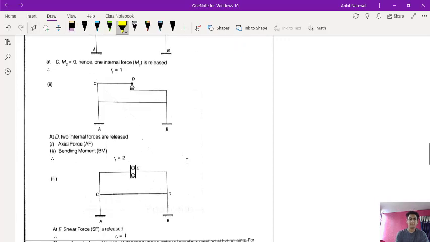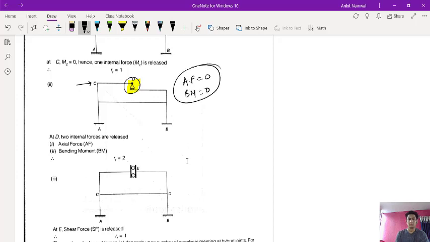Now let's see the second case. In the second case there is an internal hinge with roller. In this case there are two additional equations. Suppose there is a horizontal force, then this roller will not resist this movement. Therefore axial force is released and bending moment is released. So axial force is 0 and bending moment will be 0.